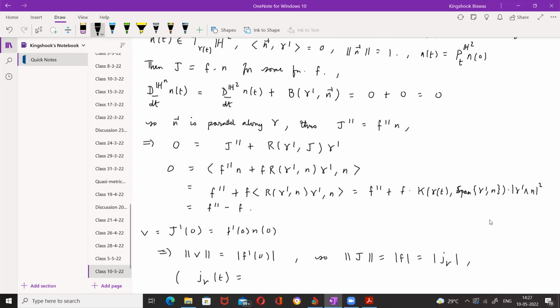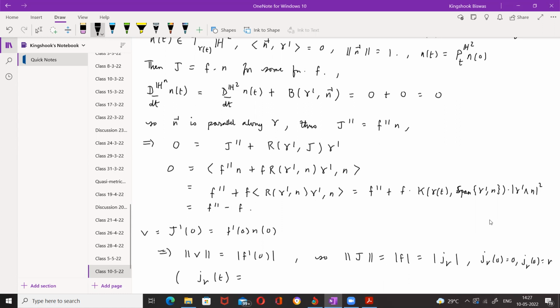The initial conditions are what? J_R(0) is 0, right? And J_R prime 0 equals V, which equals R, where V is a vector and R is the norm of V. So what is the solution? R by 2 e to the t minus R by 2 e to the minus t. What is that?